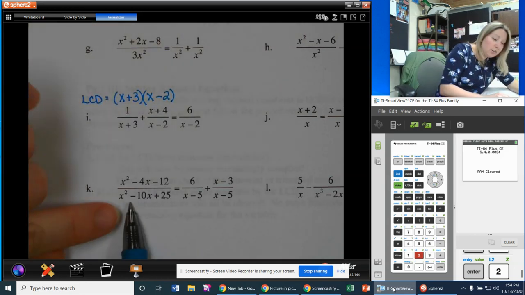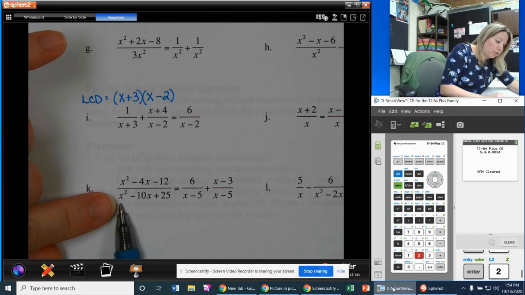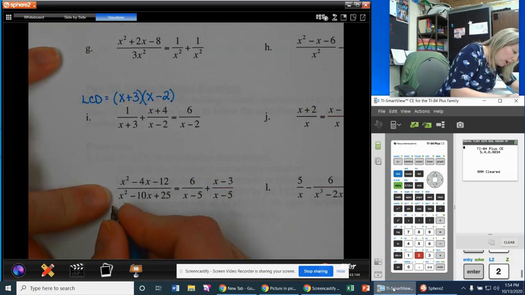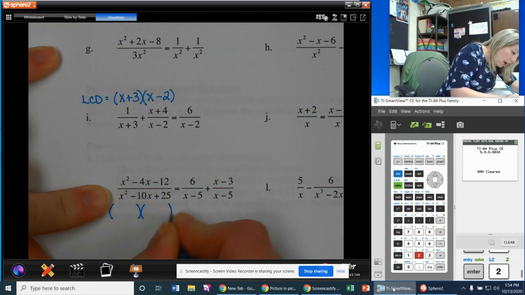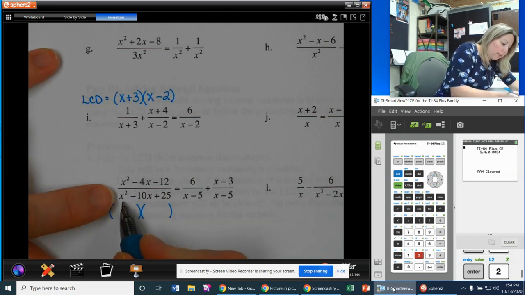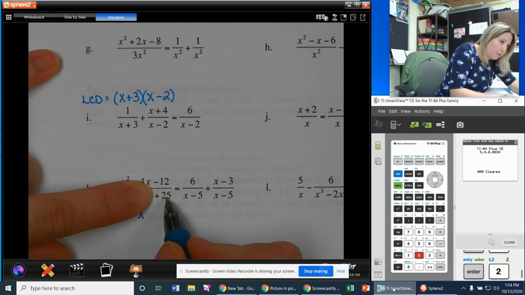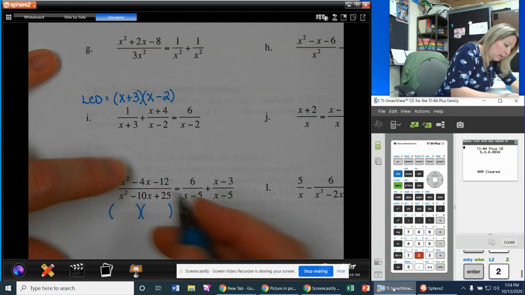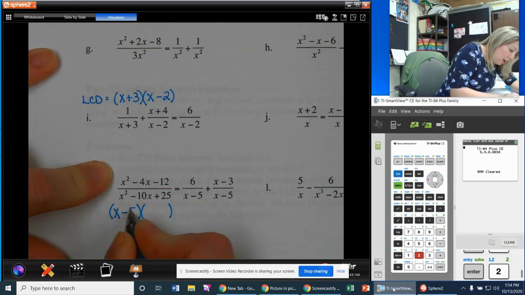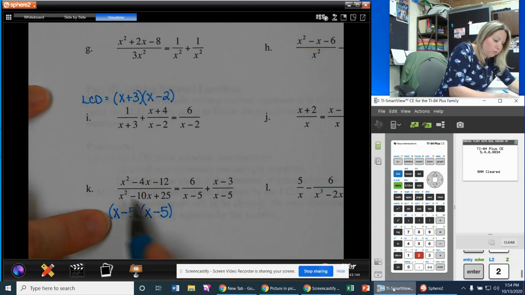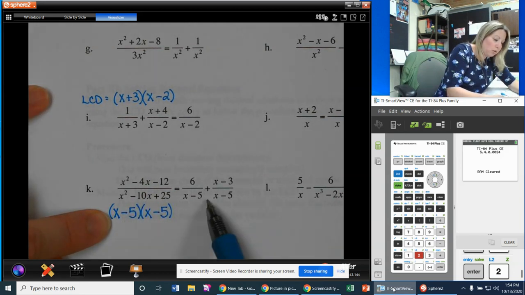Now, down here, okay, let's factor this trinomial into 2 binomials. And what does it happen to factor to become? Well, let's see. What are the factors of 25 that add to give me a negative 10? So x minus 5 and x minus 5 are the 2 factors of this. Well, what do the other denominators happen to be? They happen to be x minus 5.